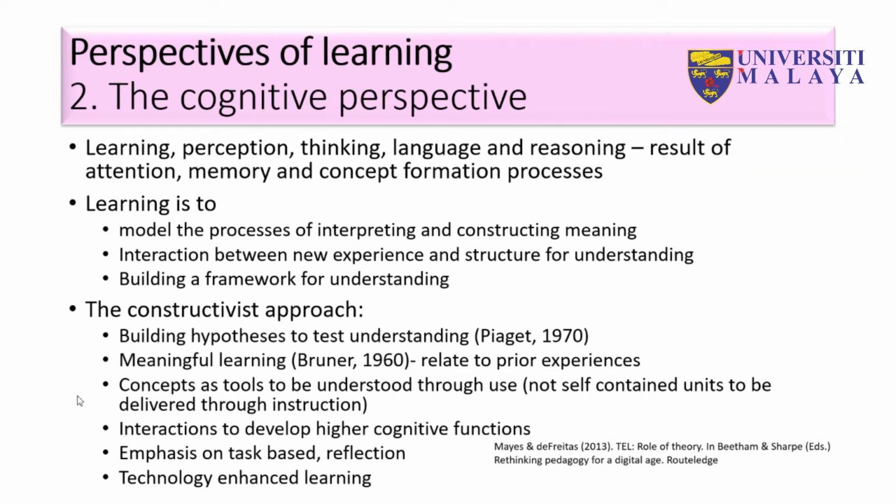So the cognitive approach says to use learning, perception, thinking, language and reasoning, as a result of attention, memory, and concept formation. So learning is to model the processes of interpreting, the interaction between new experience and the structure, building a framework, and it is a constructivist approach where you use hypotheses to test meaningful learning, with interactions, emphasis, and technology enhancement.